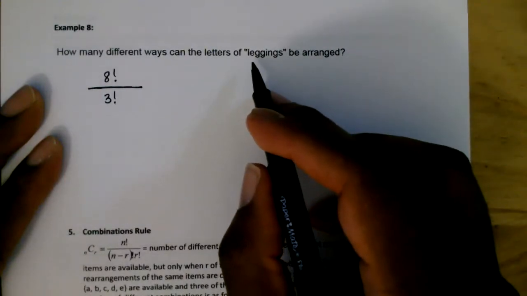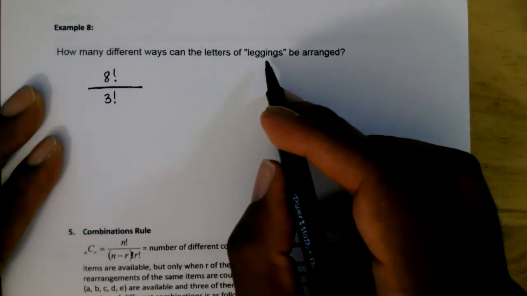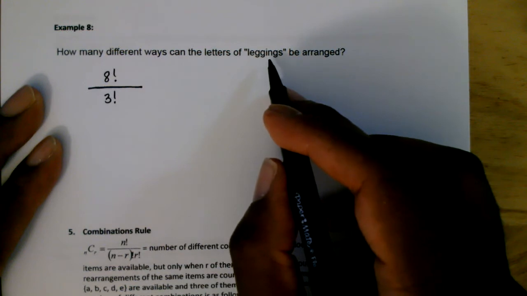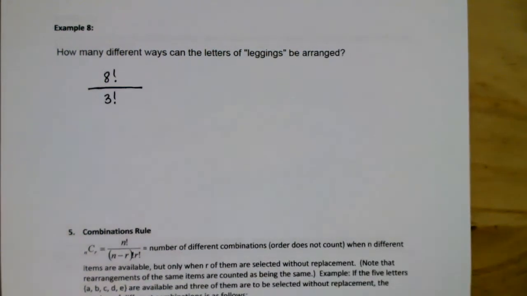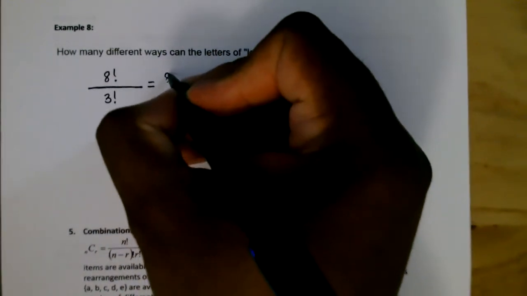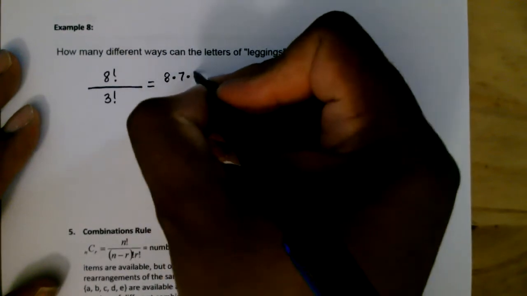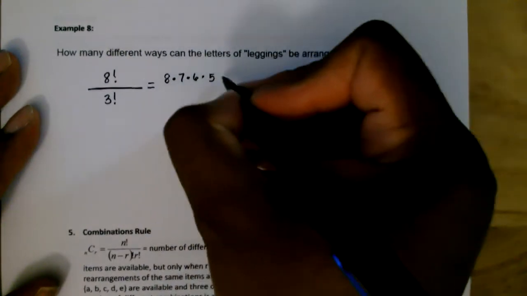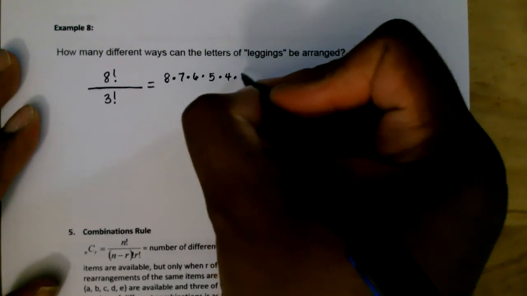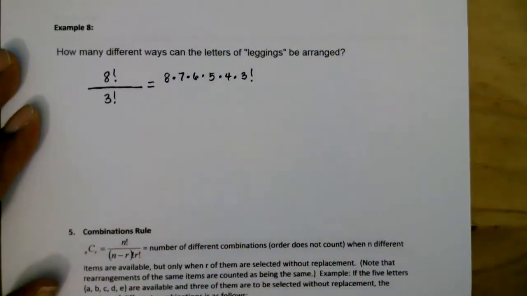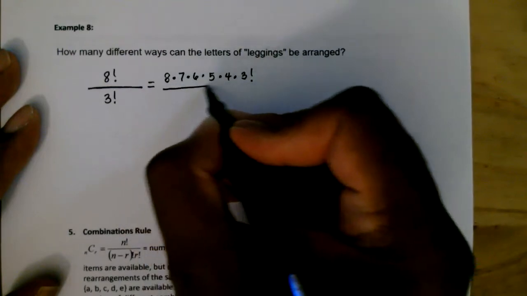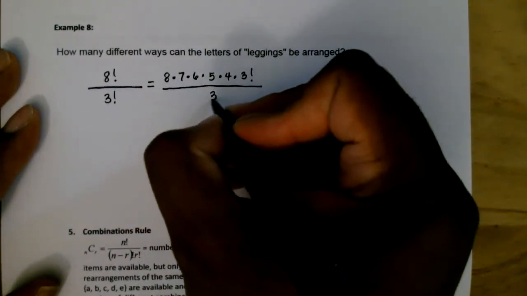The L occurs once, the E occurs once, the I occurs once, the N occurs once, and the S occurs once. So it's 8 factorial divided by 3 factorial. Let's say if I expand this out, this will be 8 times 7 times 6 times 5 times 4 times 3 factorial, divided by 3 factorial.